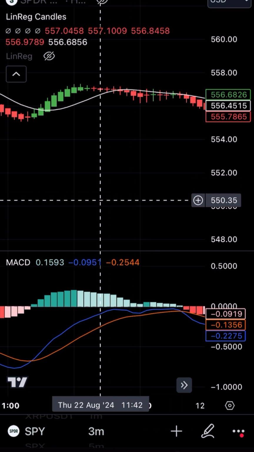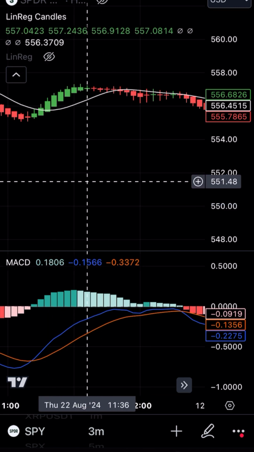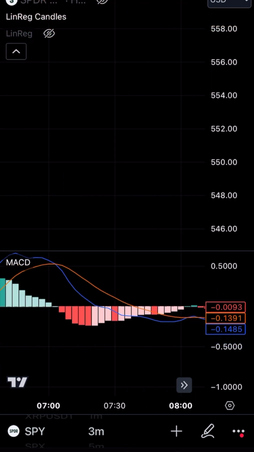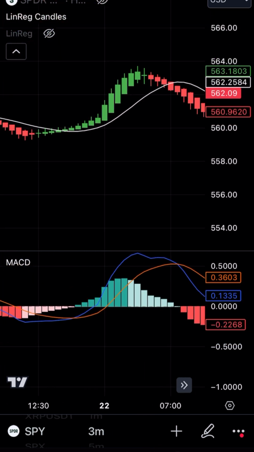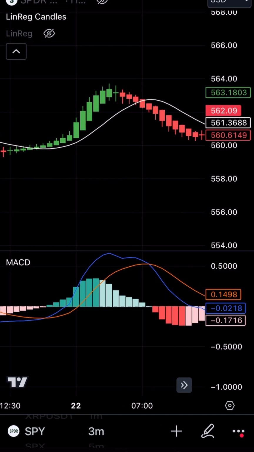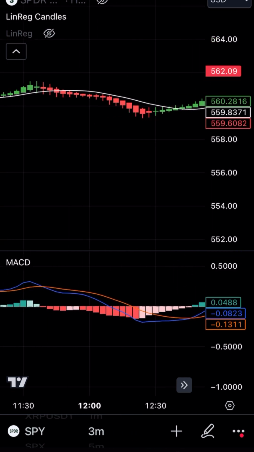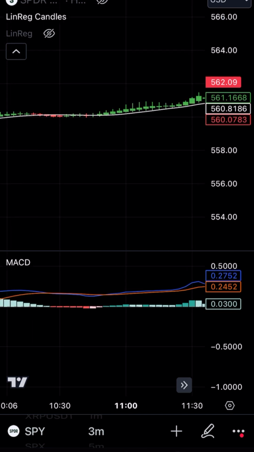If you're in a bearish moment, your line should be below the histogram, and you want to look for moments when it's crossing down. When you're in a bullish moment, you want to make sure that the lines are above the histogram, or they're either crossing through it or they're crossing above the histogram. So that's how you basically just scalp it.